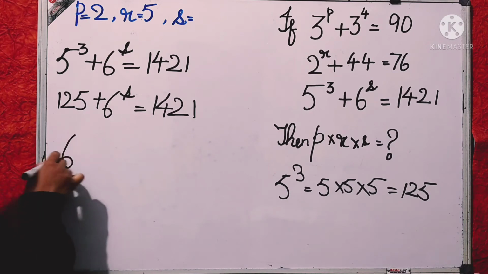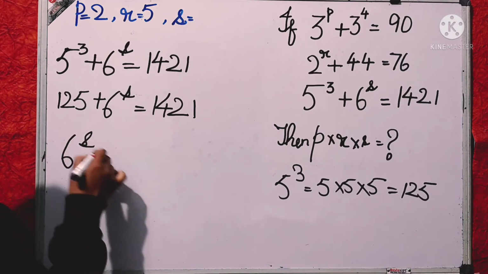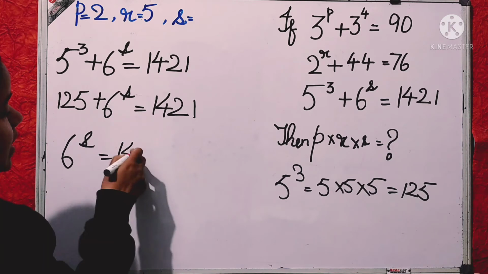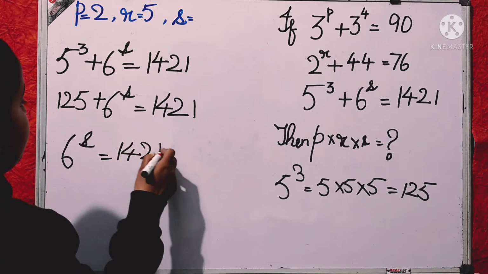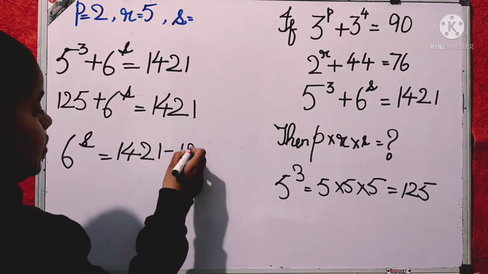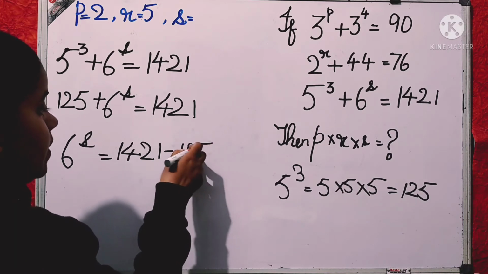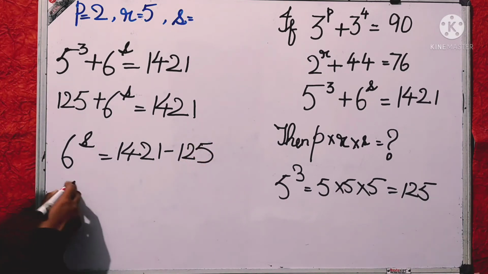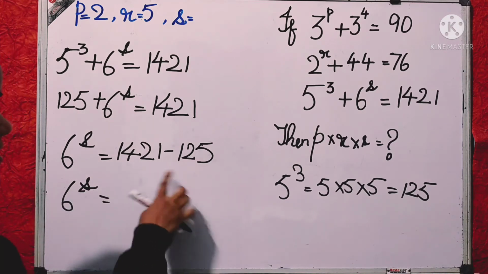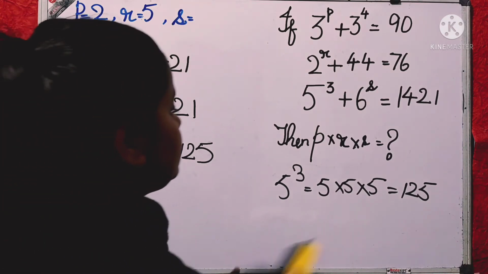Now again, this positive 125, when moving to the other side, will change into negative 125, right? So this would be 6 raised to the power s equals 1421 minus 125. Now let us subtract these numbers.